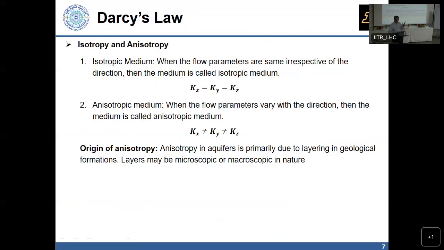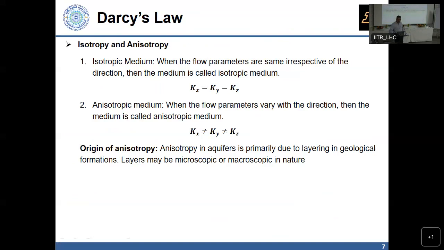Similarly, with the other orthogonal directions y and z, you would have k sub x, k sub y, k sub z. If these properties are all the same, in other words, if in different directions the conductivity is the same, we typically call that an isotropic porous medium. Anisotropic would obviously mean that k sub x, k sub y, k sub z are not all the same.